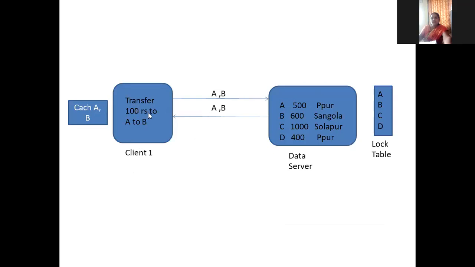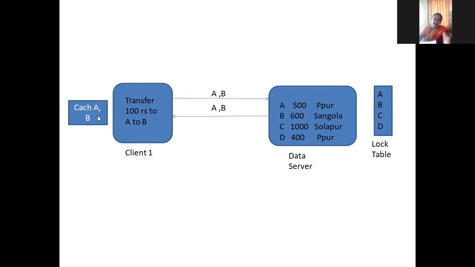See here, transfer 100 rupees from A to B. The client can request A and B, and the data server can send that A and B record to the client side. Since they are again going to use the same accounts, the client can put that A and B record into the cache. The second time, they can perform a transaction without going to the server side.